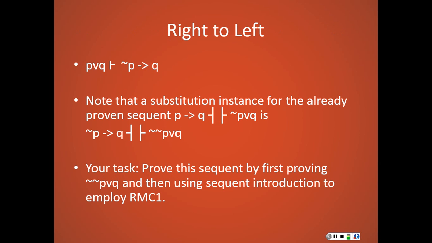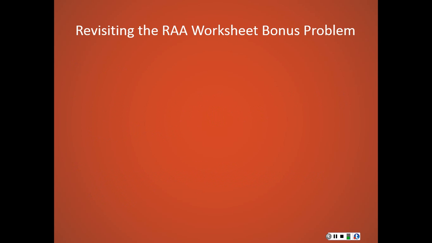Okay, well, these rules that we've just introduced, these rules for material conditionals that we have derived and can employ via the rule of sequent introduction, turn out to be extraordinarily useful. So I want to show you just how useful these rules can be. Remember the bonus problem on the Reductio ad absurdum worksheet.